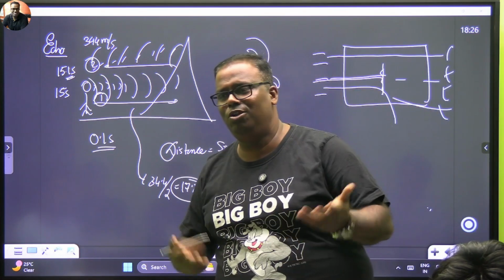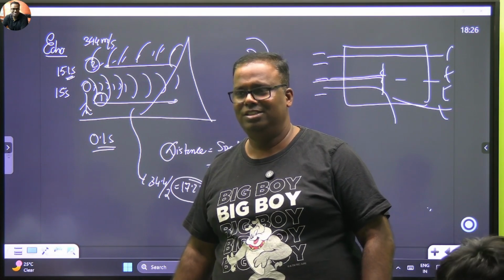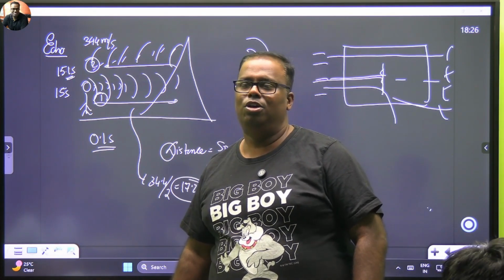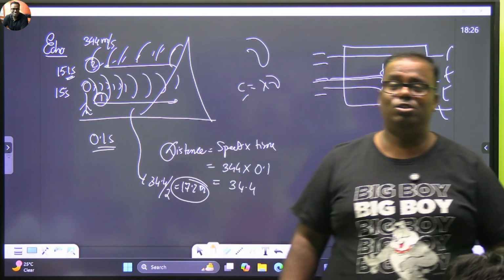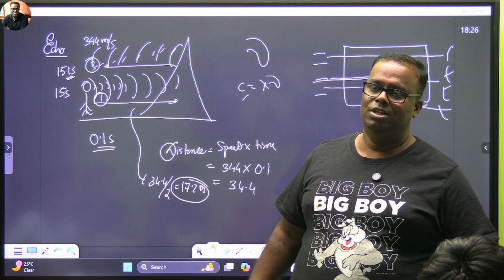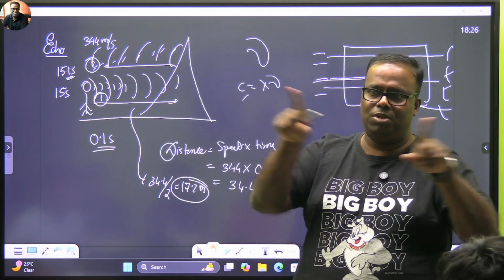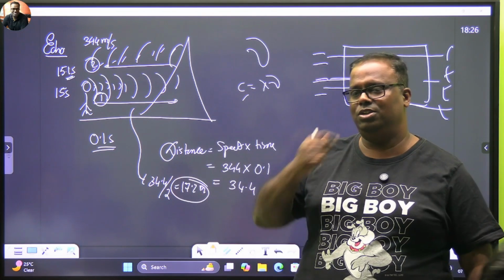You multiply anything and you will always get 2.99 into 10 to the power 8. So go to a radio station and listen to the call sign. This is the BBC on 29 meters and so much frequency. They always announce that, that's the protocol. Once you give your meters and multiply both, you have to get 2.99, approximately 3 into 10 to the power 8.